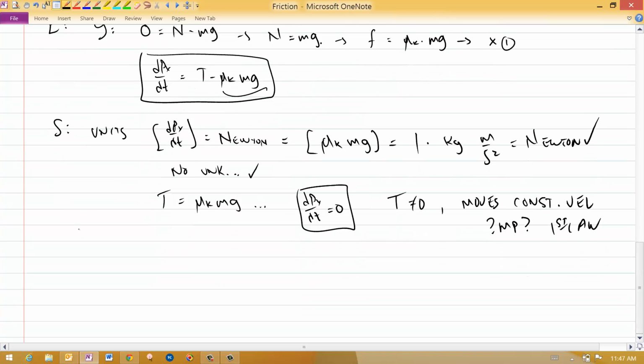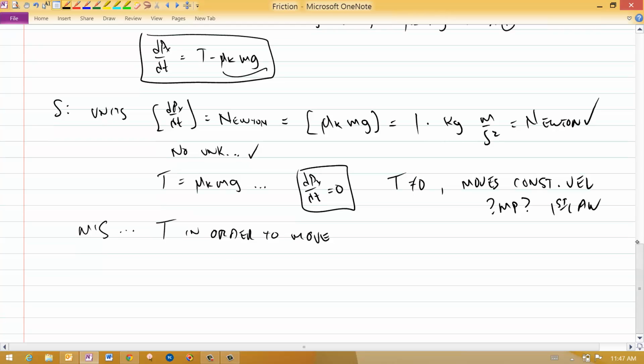And this is a common misconception. You assume, because of a problem exactly like this, that you need T in order to move. That if there is no T, the object would just be standing still. And that's not correct. If there is no T, then the object will slow down and eventually it'll come to rest, but it doesn't have to stay at rest.